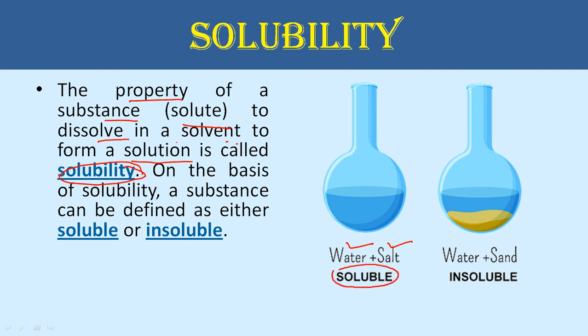They are soluble, but if we are talking about sand, sand does not dissolve in water, so it is insoluble in nature. On the basis of this solubility, substances can be defined as either soluble or insoluble.